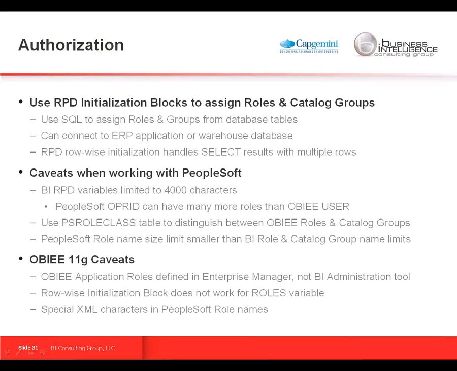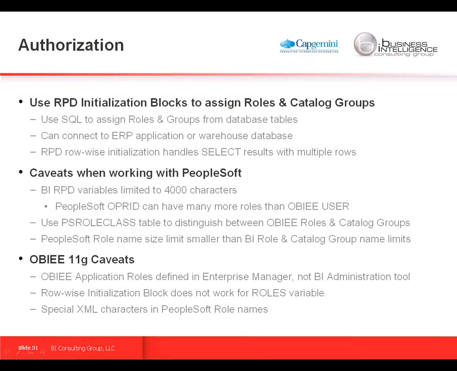And a couple of things to keep in mind if you are now working with OBIEE 11G. One thing is that the application roles are now defined in Enterprise Manager, not in the BI administration tool. So as you're adding your PeopleSoft roles to your BI system, you will have to maintain those in the Enterprise Manager. That idea of using row-wise initialization does not work when trying to assign the roles variable.